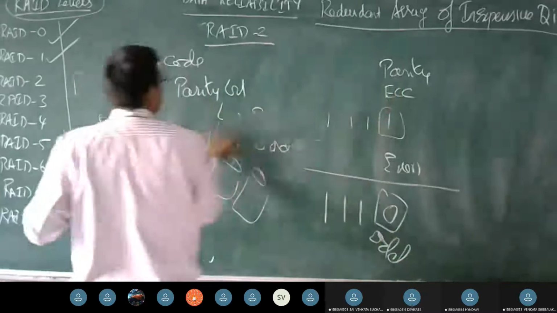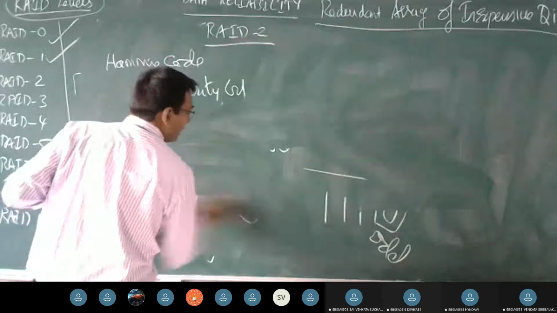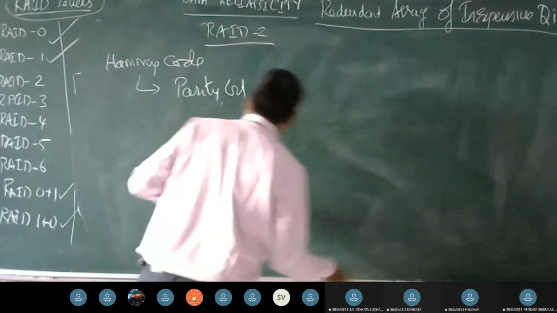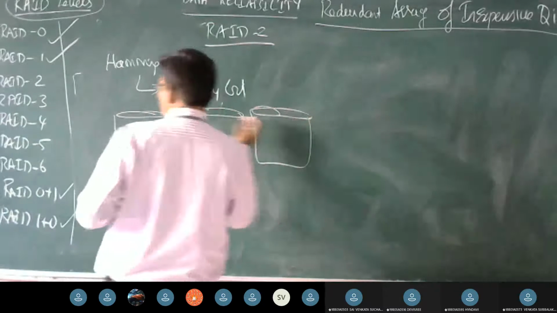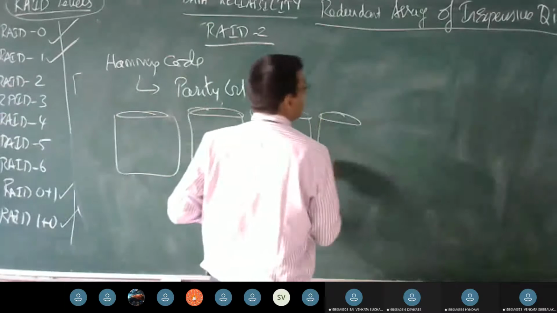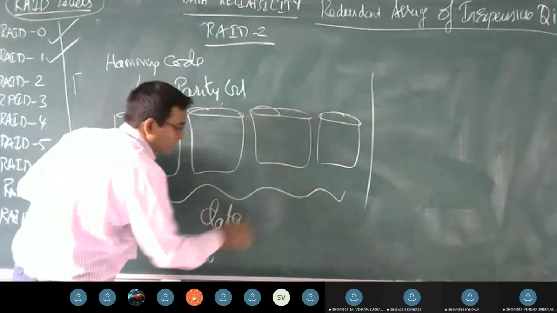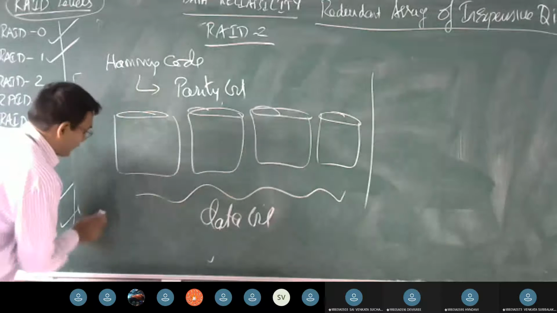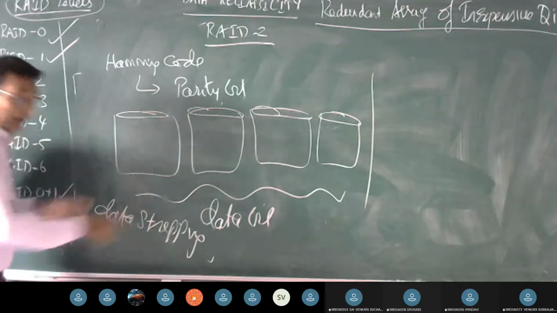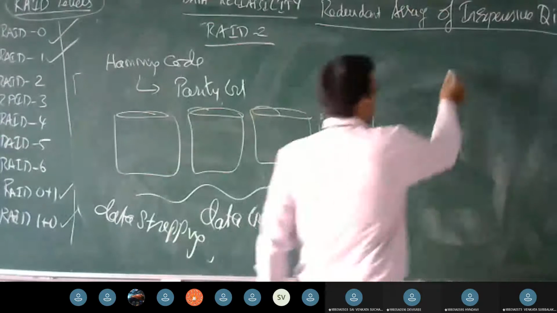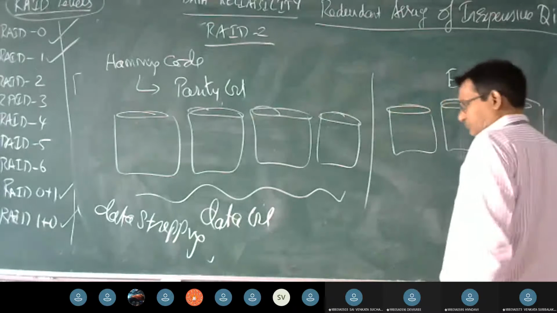Fine. Now, the second level RAID is implemented across multiple disks. So I can call them disk 1, disk 2, followed by disk 3 and disk 4. These hold the data bits, which are distributed with data striping across multiple disks, and there are some error correction codes.